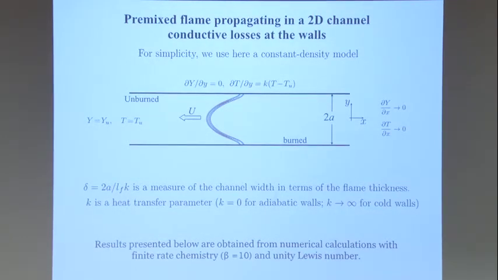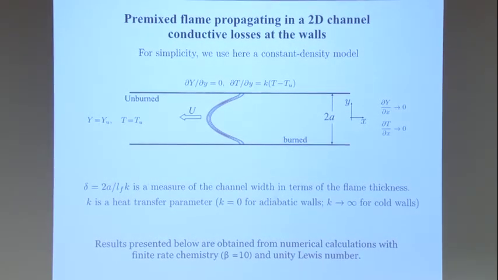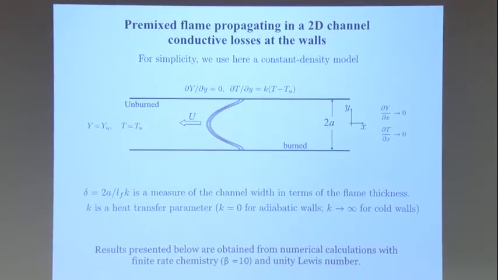It's not exactly correct, but nevertheless it illustrates the right behavior as you will see in a minute. So now what we have is a flame which is not flat, but is curved, okay? And the problem has to be therefore solved numerically. The flame propagates at some velocity u, which is like the little s that I presented before.